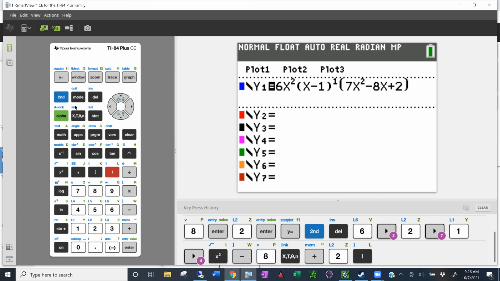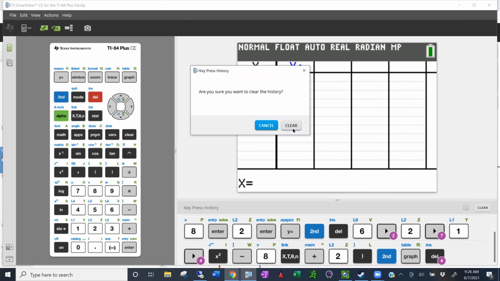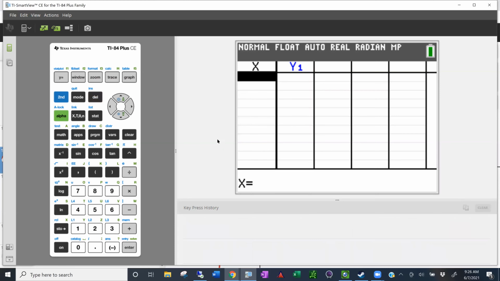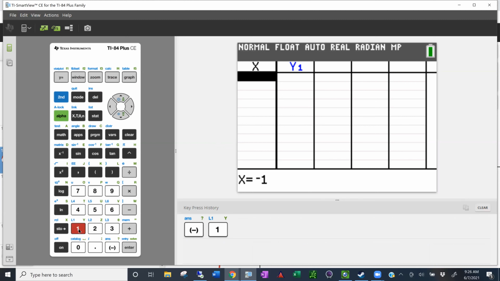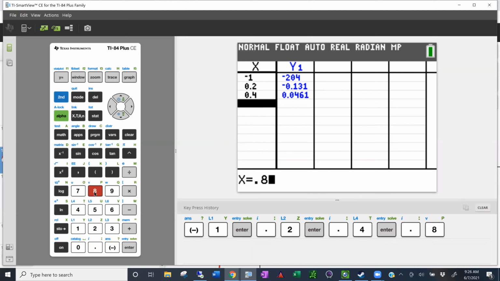And let's do some testing of points. Let's go up to the table. I'll clear out all these old points. And kind of like before, we need to test to the left of 0. So I'll just pick -1 and then say 0.2, 0.4, 0.8, and 2.